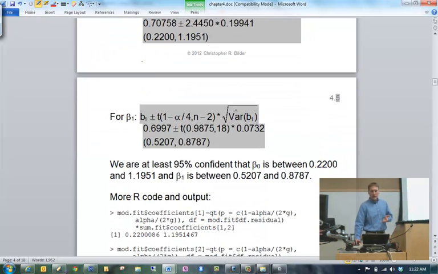So then the interpretation is that we are at least 95% confident that beta 0 is between 0.22 and 1.19, and beta 1 is between 0.52 and 0.8787. So that's the interpretation. Again, notice the "at least."